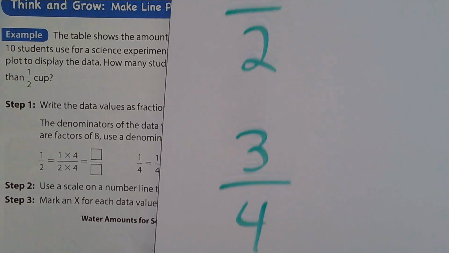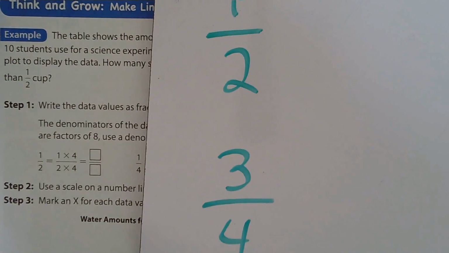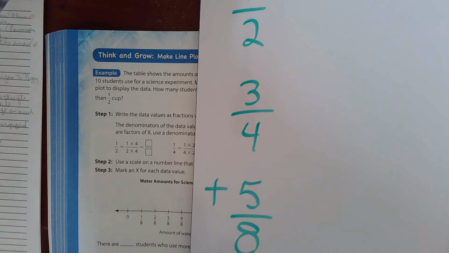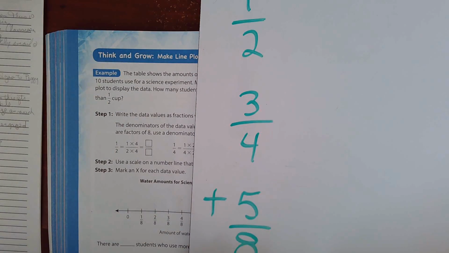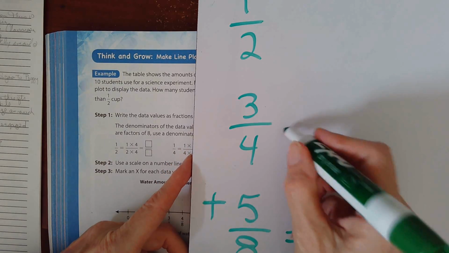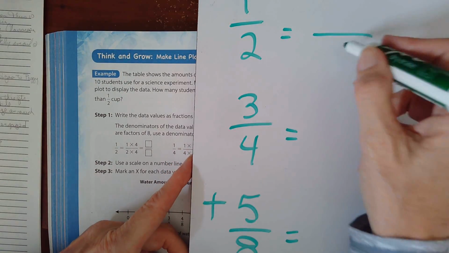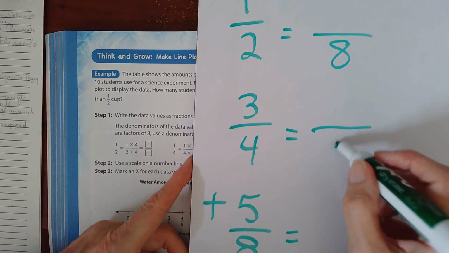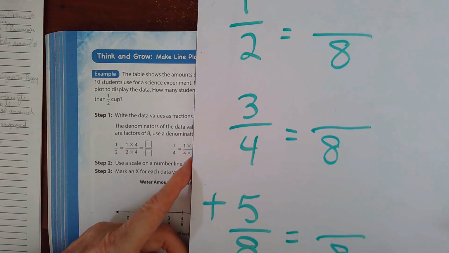So remember how you have learned to add fractions that have different denominators. You have to come up with common denominators. So if we have a 2, 4, and an 8, what would be the common denominator that they all go into? It would be an 8. They all go into 8.